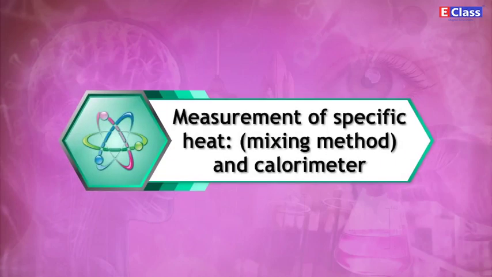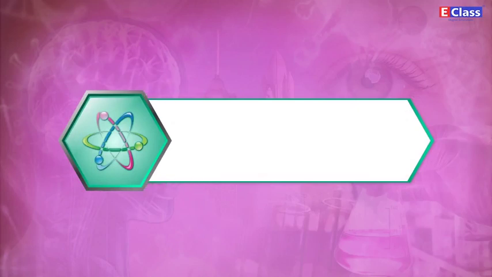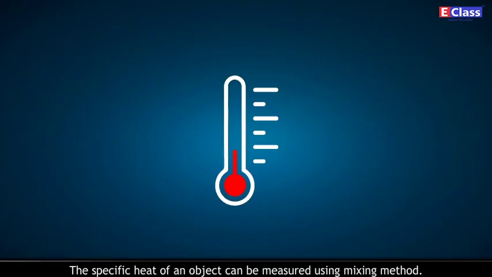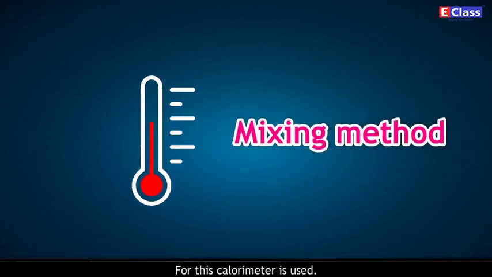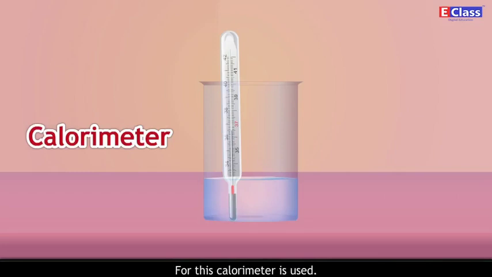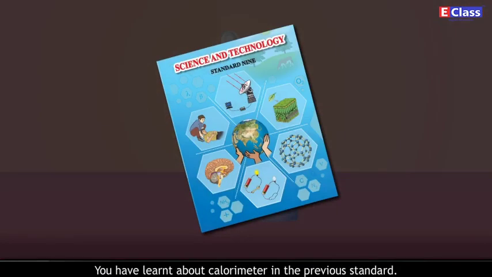Measurement of specific heat, mixing method and calorimeter. The specific heat of an object can be measured using the mixing method. For this, a calorimeter is used. You have learnt about the calorimeter in the previous standard.